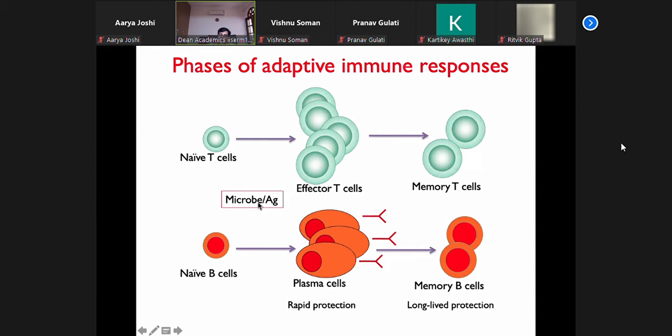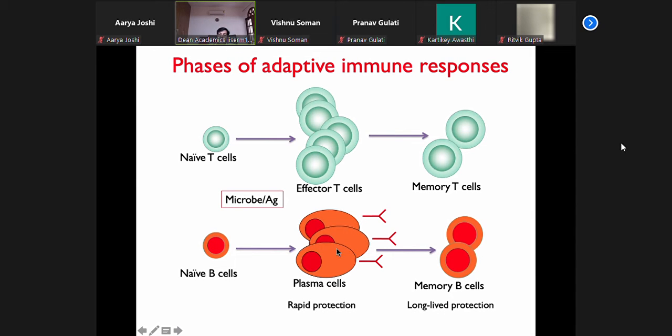and they can be recalled following exposure to the same antigen very quickly and very rapidly, and within a span of a couple of days, their number becomes so large that they can control the infection very, very efficiently. You don't even know that you got the second infection, because by that time your memory cells have already been reactivated to become effector cells, and the effector cells have controlled the infection.